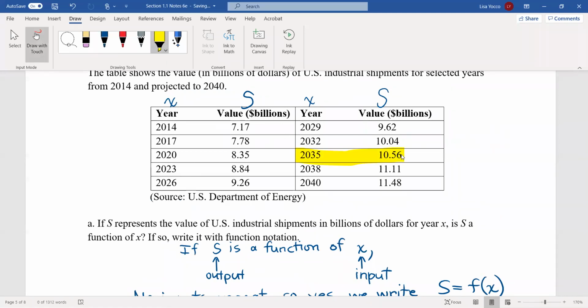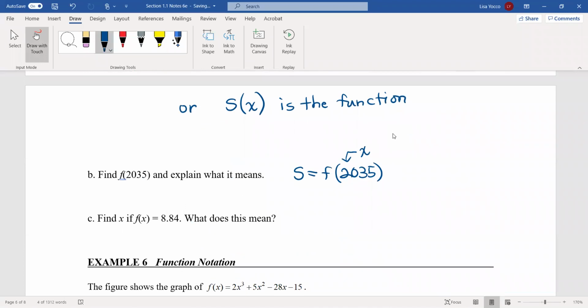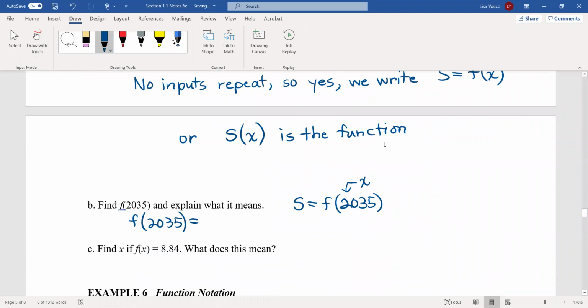It's pretty easy. It's right there. So we write f of 2035 equals 10.56. What does that mean?